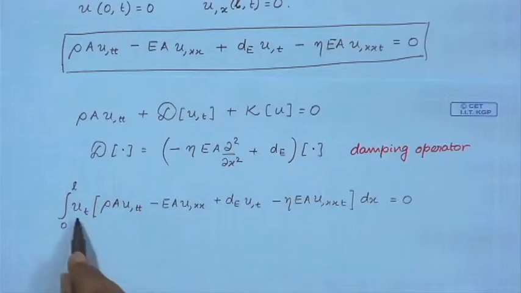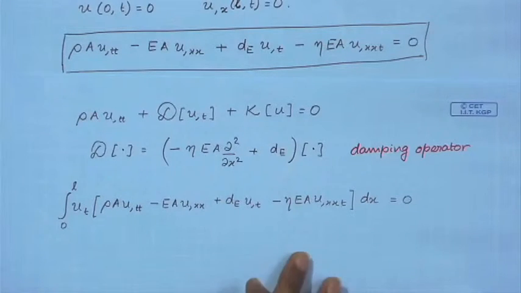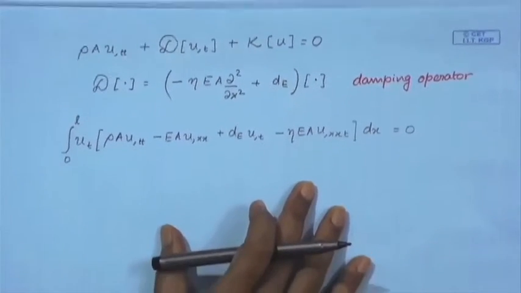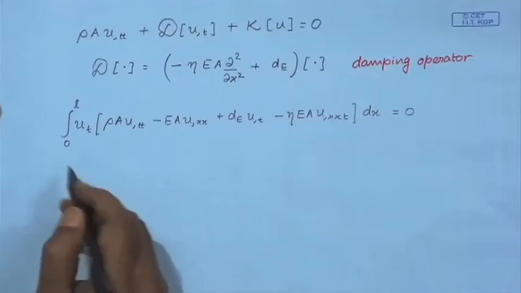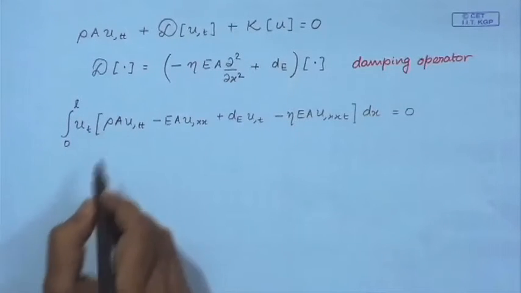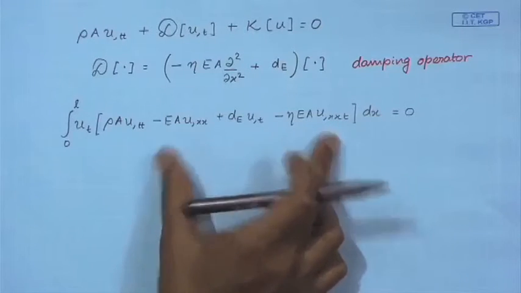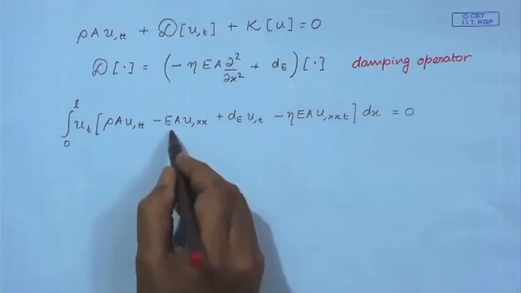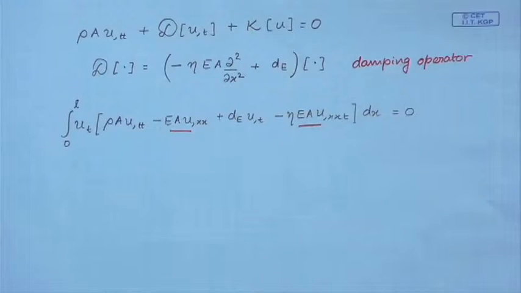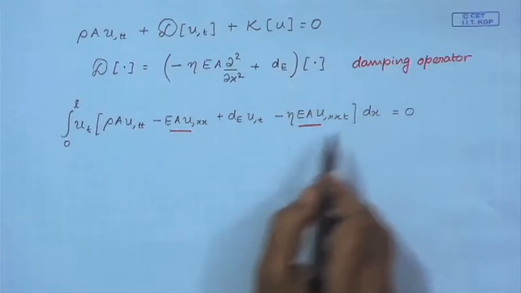So, multiply by velocity and integrate over the domain of the bar. Now, these two terms I will integrate by parts with respect to space.